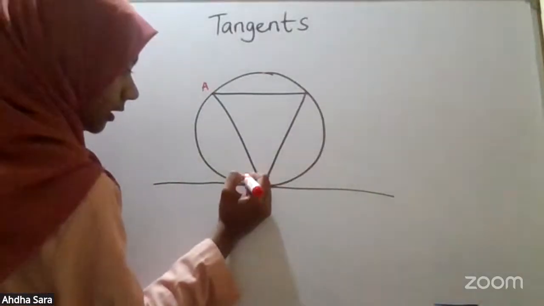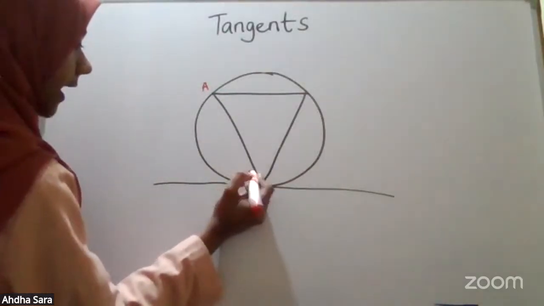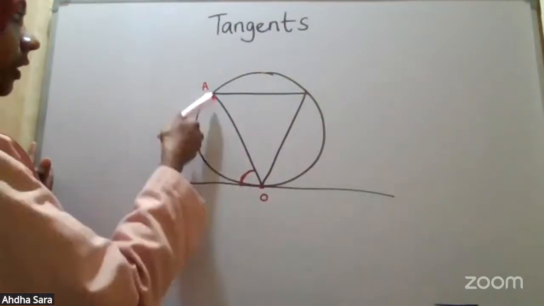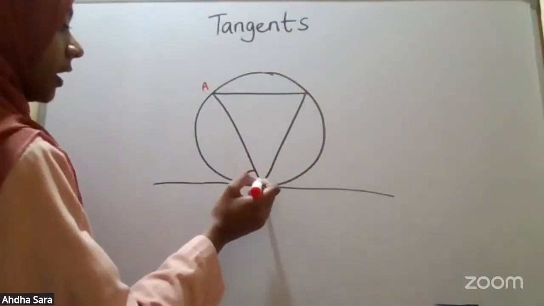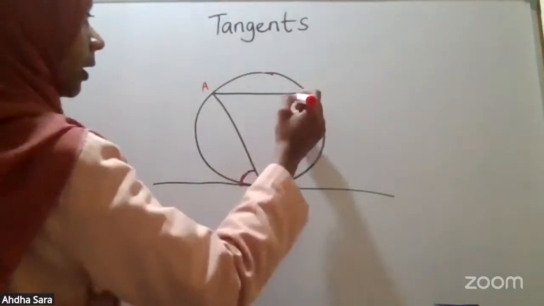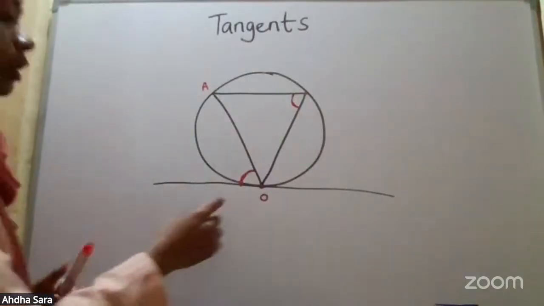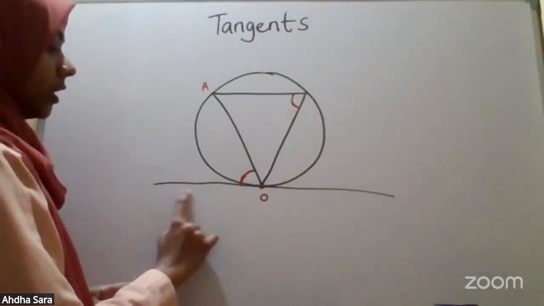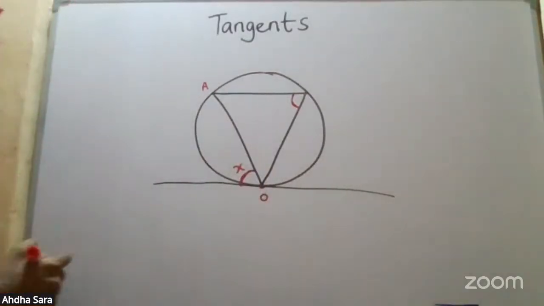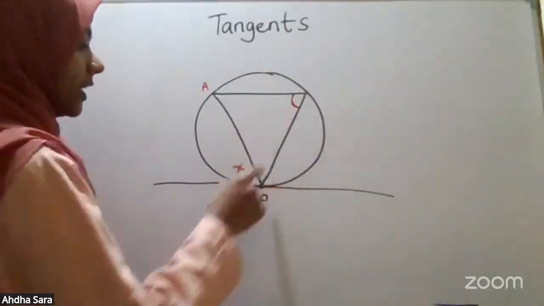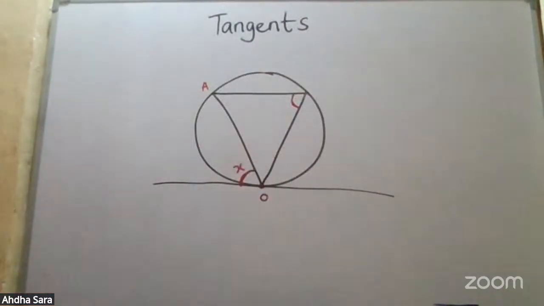The angle that is formed between the tangent and the chord of a circle will be equal to the angle that is subtended by the same chord in the circle.